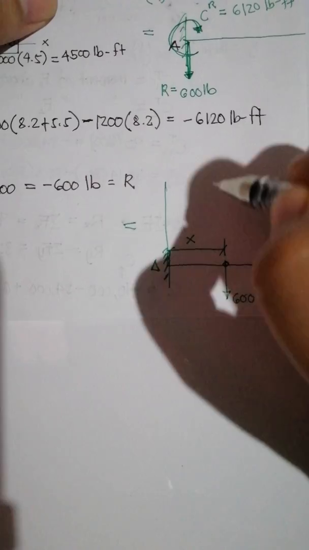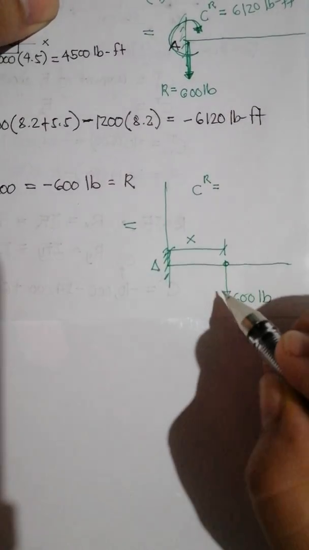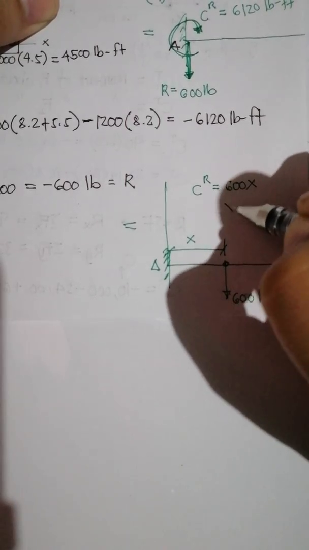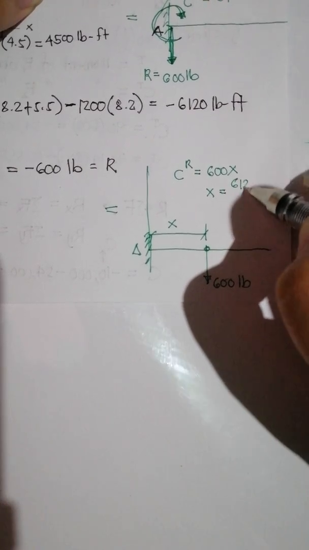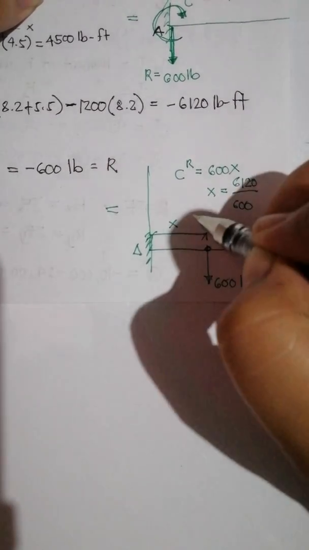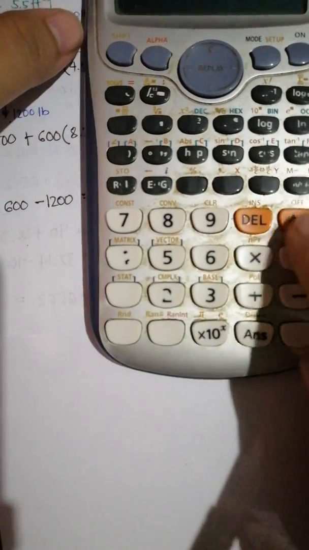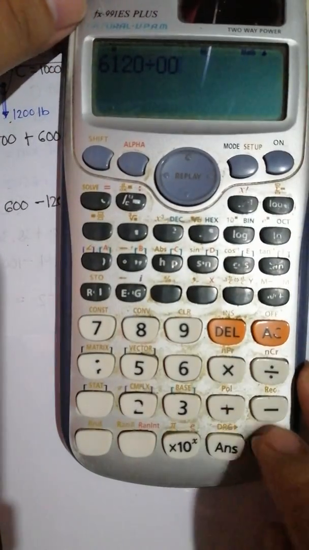So the couple resultant is equal to 600 times x. So x, therefore, is the couple resultant 6,120 over 600. And therefore, x is equal to 6,120 divided by 600.